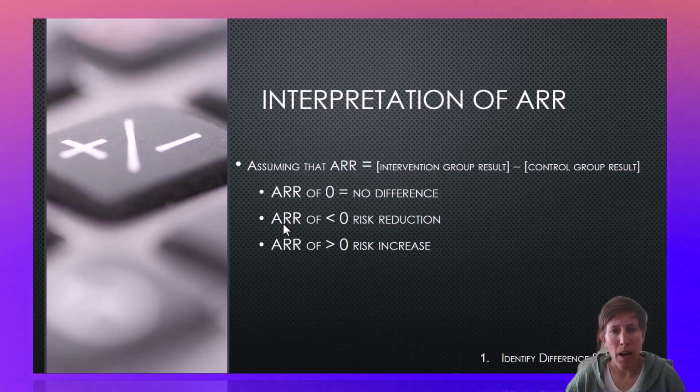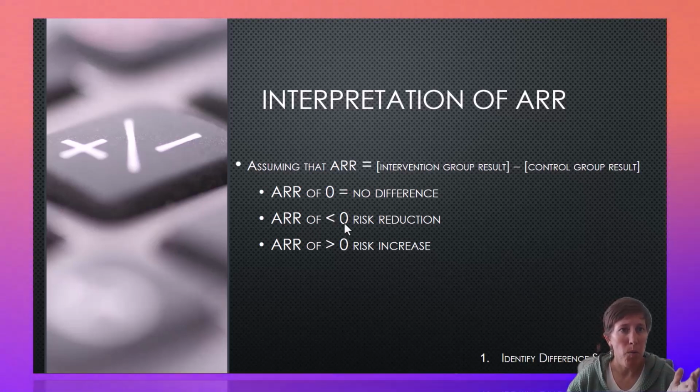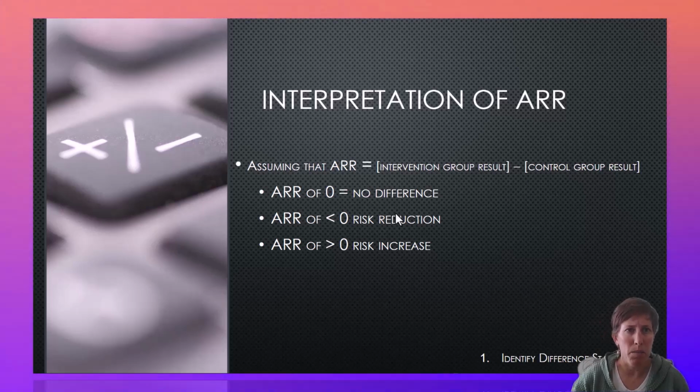Now, if the absolute reduction rate is less than 0, such as our example, 14 in the ramipril group, 18 in the placebo group, then we're seeing that there is a risk reduction with the intervention group, that those who took ramipril had a risk reduction compared to placebo.